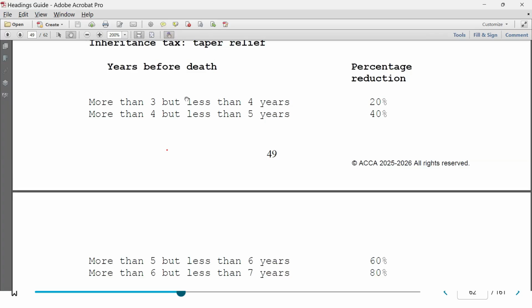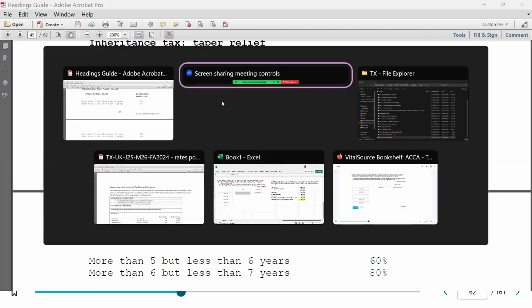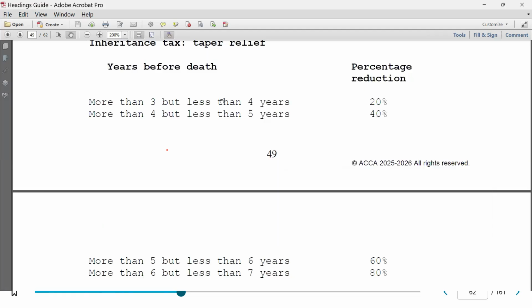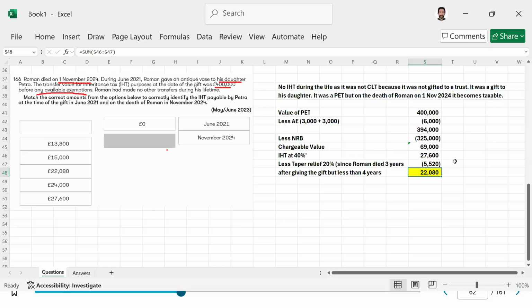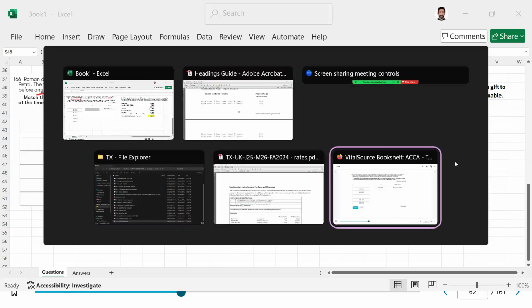Okay. So I hope this is clear how to use the taper relief table for inheritance tax. Going back to the question, this is not a difficult thing. It is easy to learn. 3 to 4, 20, 4 to 5, the relief is 40 and so on. And the maximum relief is 80%. So let's move back to the question so that we could do the rest of them.